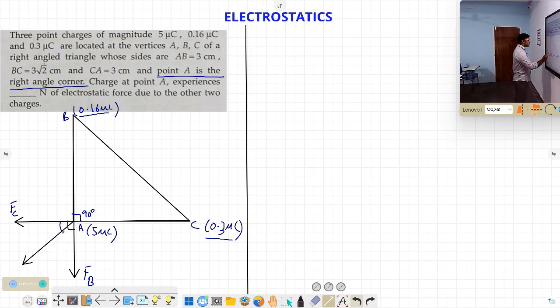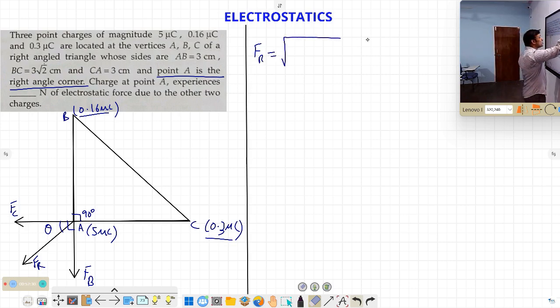The angle made by the resultant will always be nearer to the heavier force. If FC is more, the resultant will be near to FC, and if FB is more, the resultant will be near to FB. Here they are asking only for the force, the resultant force, so we can do it directly. They are not asking any angle concept here.